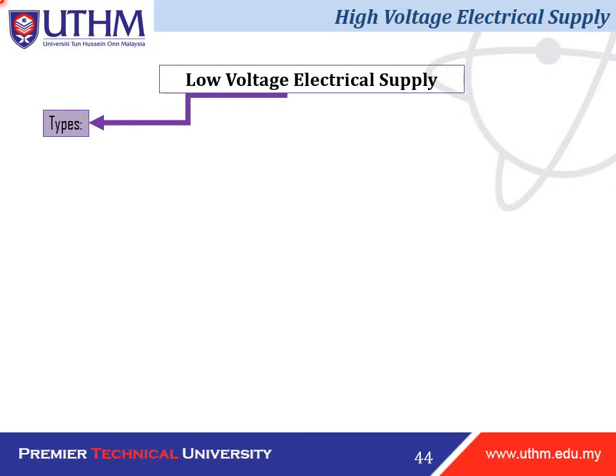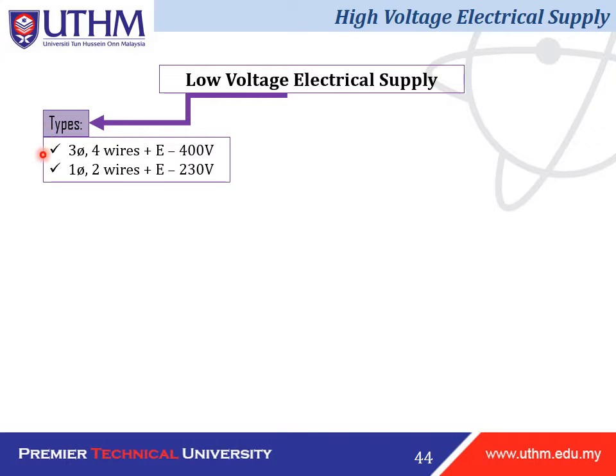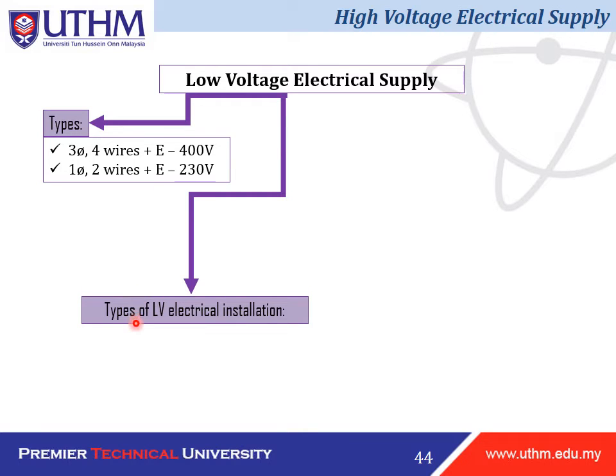What are the types of low voltage electrical supply? It can be two types: 3-phase 4 wires, which represents 400 volt, and 1-phase 2 wires, which represents 230 volt.